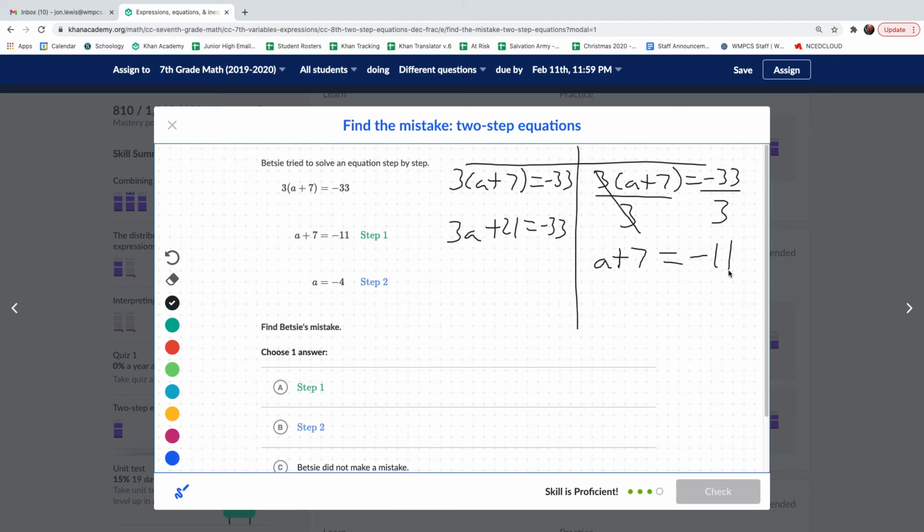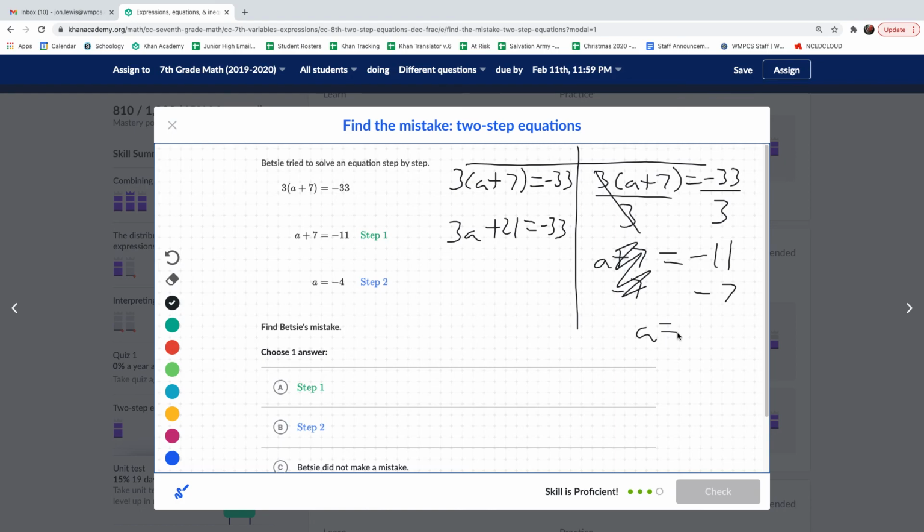Now that we do that, our job is to follow our normal rules. Let's get rid of adding and subtraction next. So I need to subtract 7 here to get rid of the positive 7. That cancels out, and I get A is equal to negative 11 take away 7.